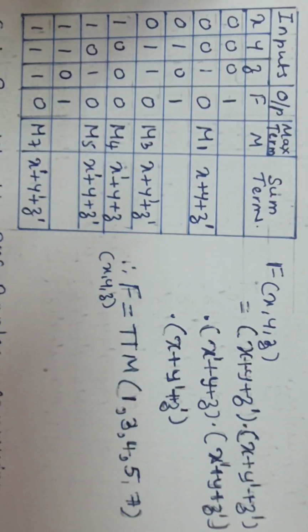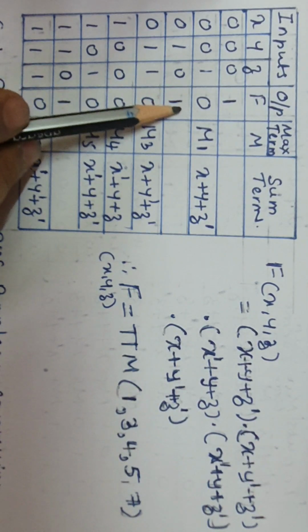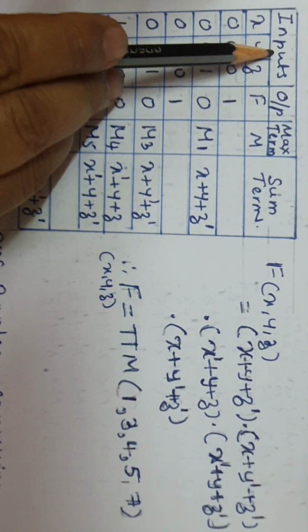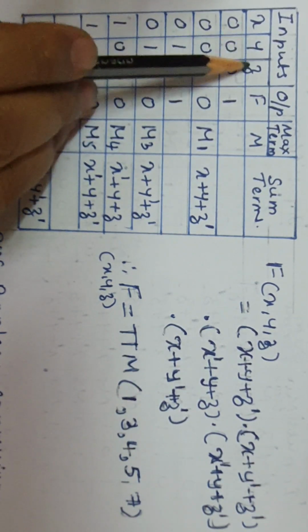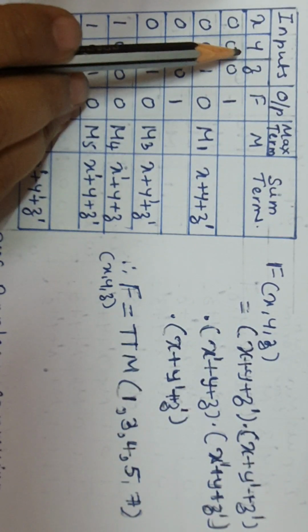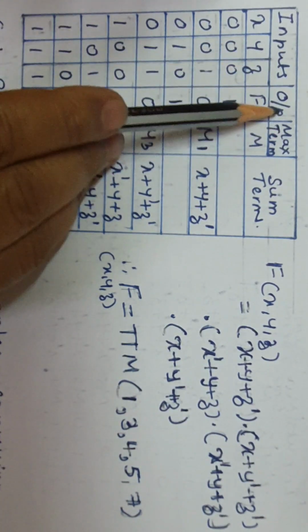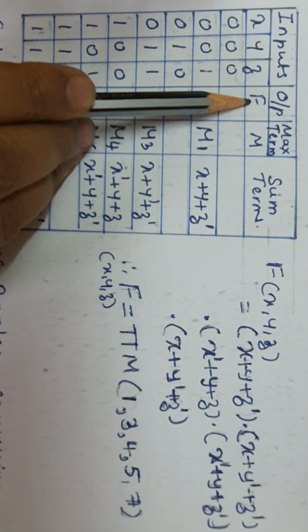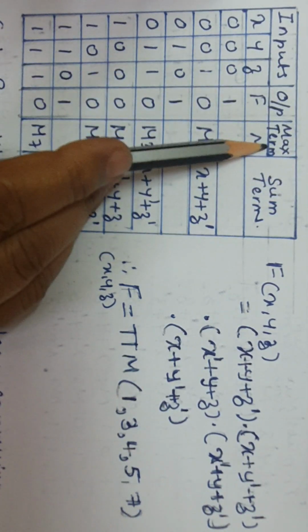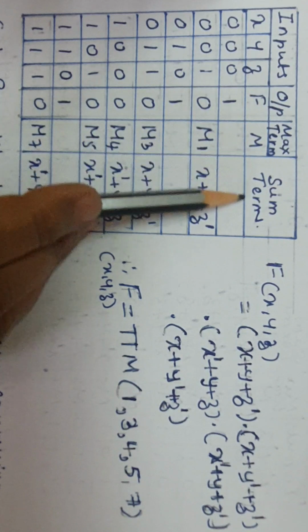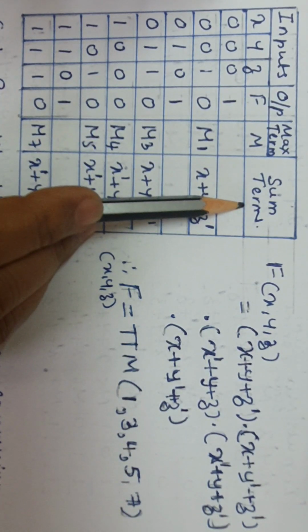Right? So here this truth table is given. These are the inputs. There are 3 inputs, x, y, z. So we are considering a 3 variable Boolean function. This is the output f. Then here we write max terms, and max terms means sum terms.